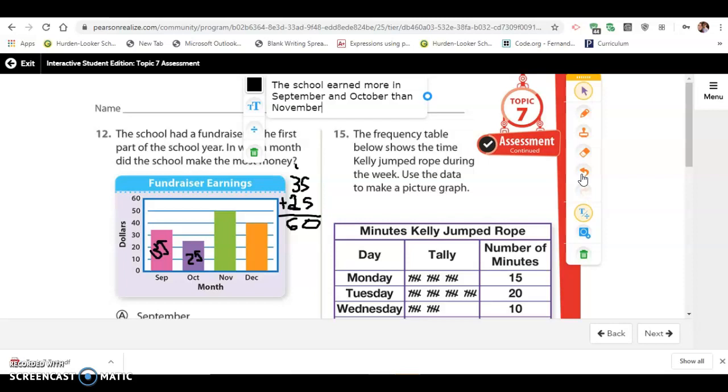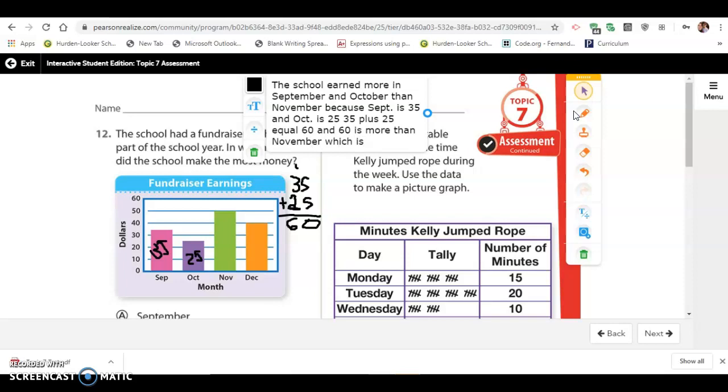And then it asked you to explain, because September is 35 and October is 25. 35 plus 25 equals 60, and 60 is more than November, which is 50.